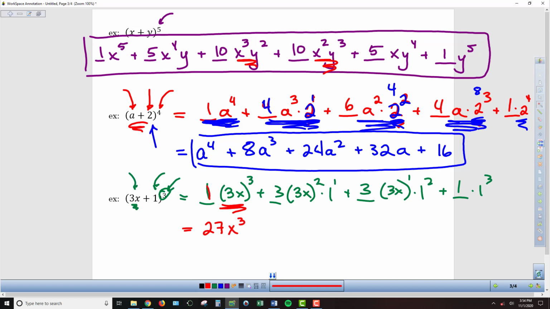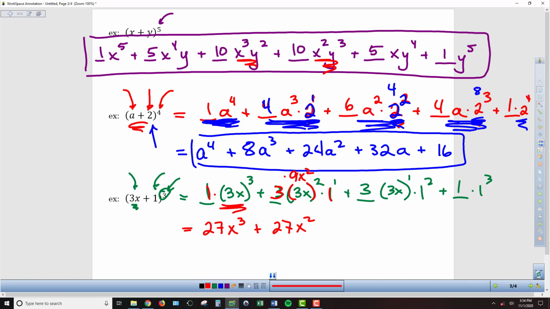And then since I had a 1 coefficient out front, that doesn't change anything for me. For the next term, I need to multiply 3x squared. So 3x times 3x, that gives me 9x squared. And then I need to multiply that times the 3 that I have out front here. And then since we're just multiplying by 1 on the back end, that doesn't really play a part. So I've got 3 times 9x squared, so we get 27x squared.